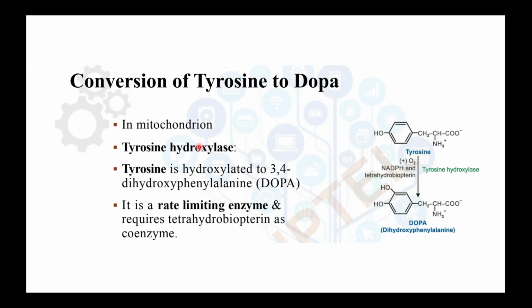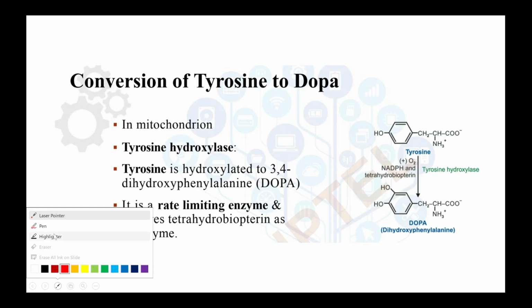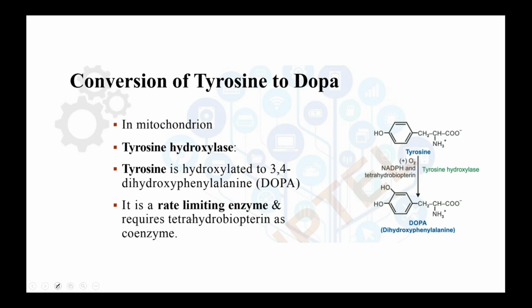If you see, in case of phenylalanine hydroxylase, phenylalanine was converted to tyrosine, right? Phenylalanine had the benzene ring, and a hydroxyl group was attached to make it tyrosine.